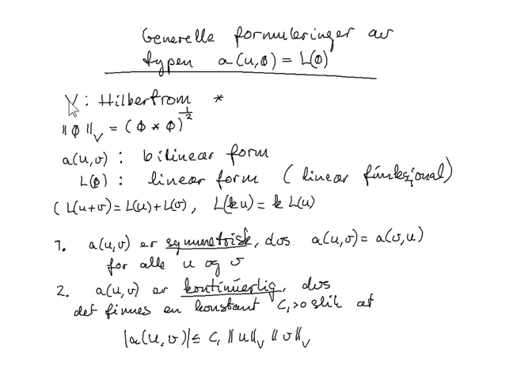Generally we have some Hilbert space. This is usually a Sobolev space, this capital V, and the norm in this Hilbert space is defined in the usual way. When we have a Hilbert space, we also have an inner product, so this will always be defined.